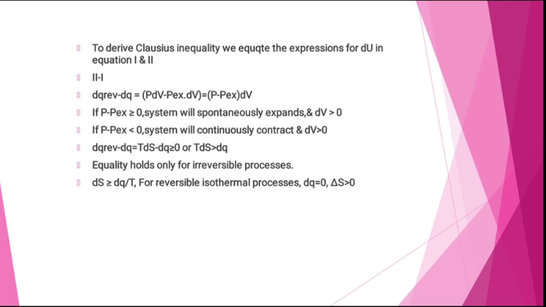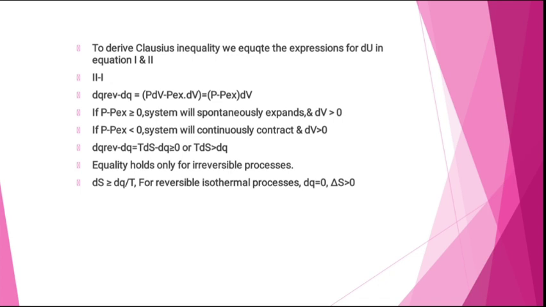Next, to derive the Clausius inequality, we equate the expression for change in internal energy in equations 1 and 2. So, just take the subtraction of equation number 1 from equation number 2. So, 2 minus 1.